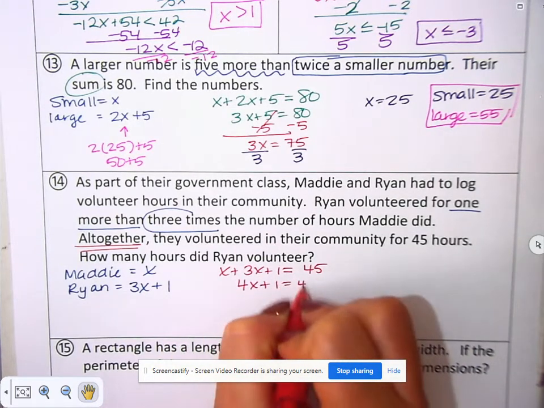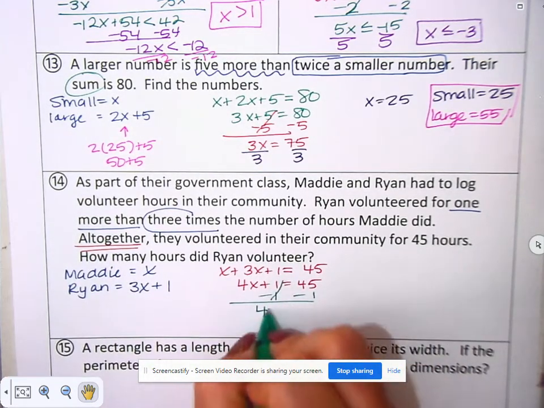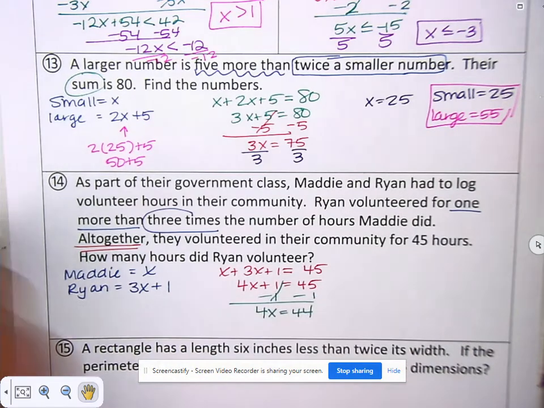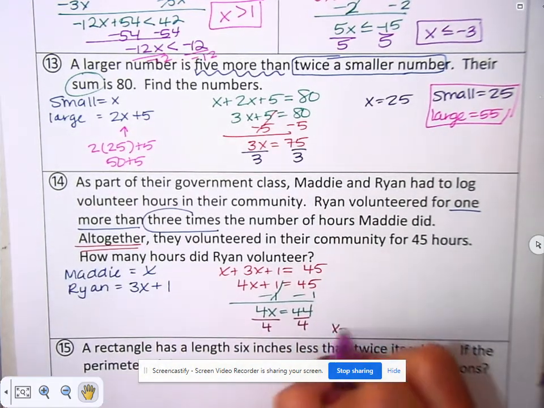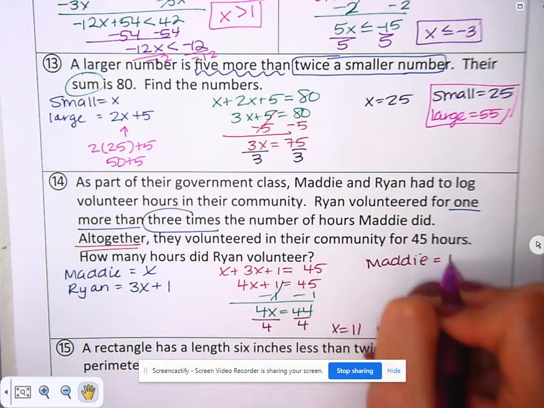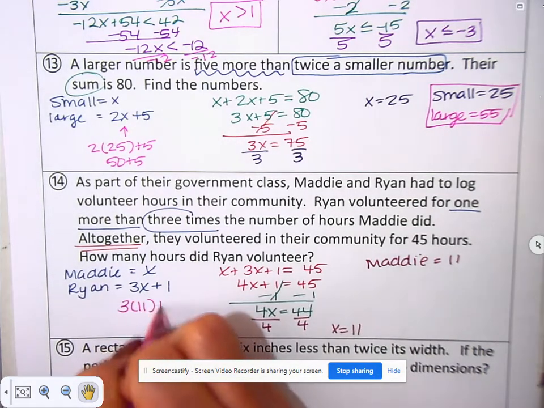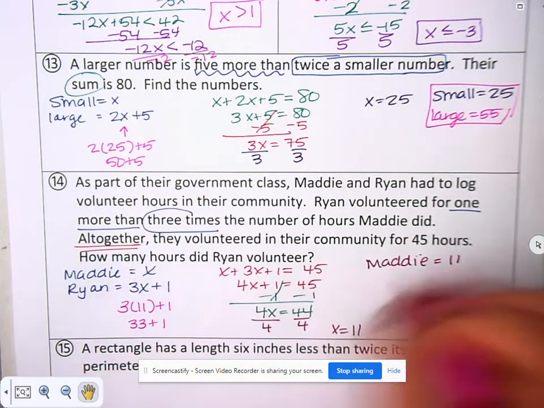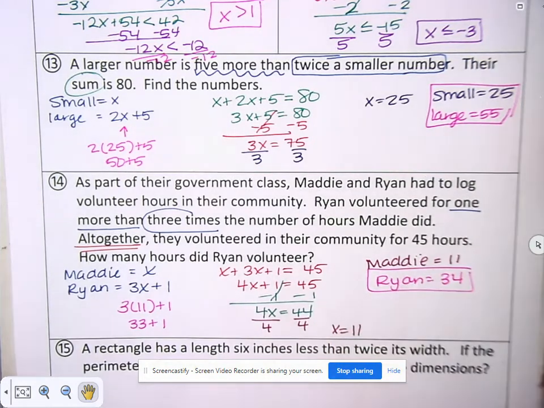So 4x plus 1 equals 45, and again, it's a two-step equation. All right, so x is 11. x was Maddie. So we know Maddie is 11, but it asks for Ryan. So I need to plug it back in. 3 times 11 is 33, and 33 plus 1 is 34.